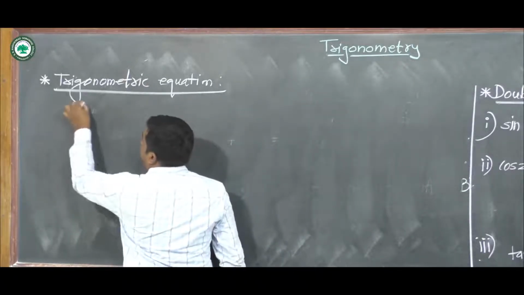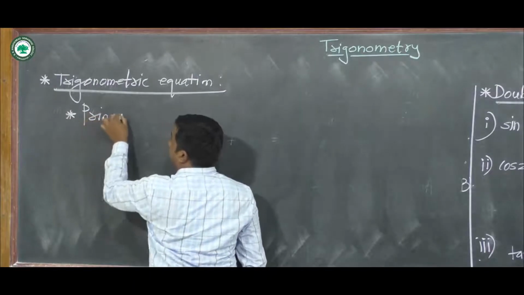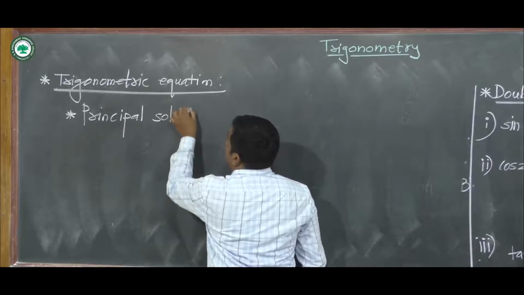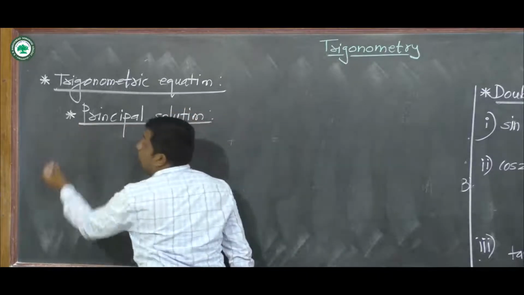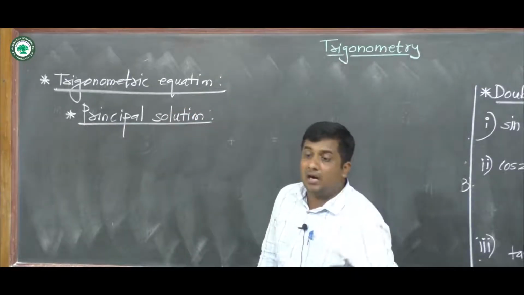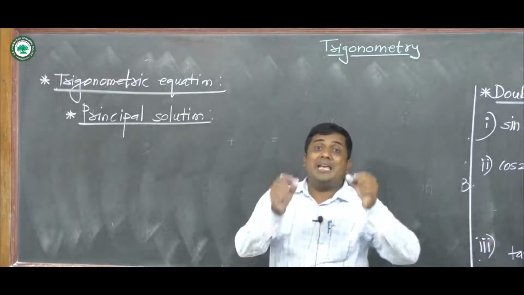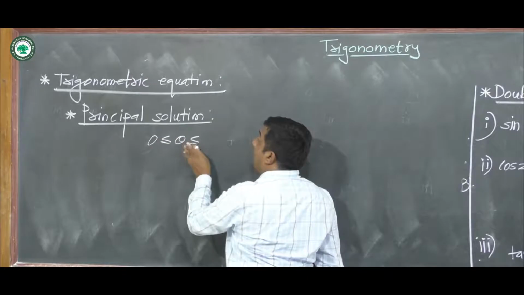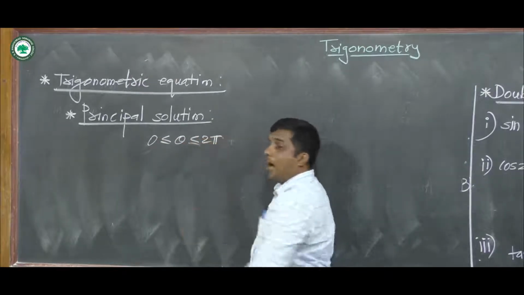So for the principal solution, remember our solution means the given angle always lies between 0 and 2 pi.